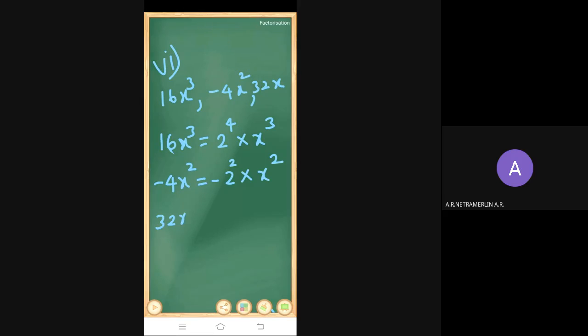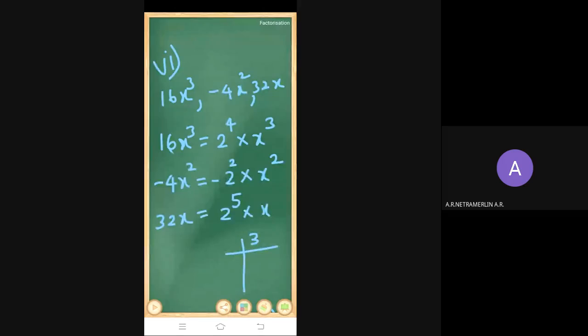And 32, how can you write 32, children? 2 power 5. 2 into 2 into 2 into 2 into 2. When you divide 32 by prime factorization, you will be getting 2 how much times? 5 times. So 2 power 5 into x.